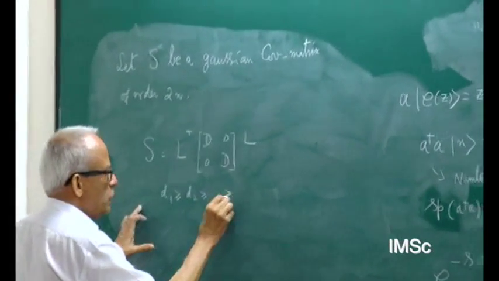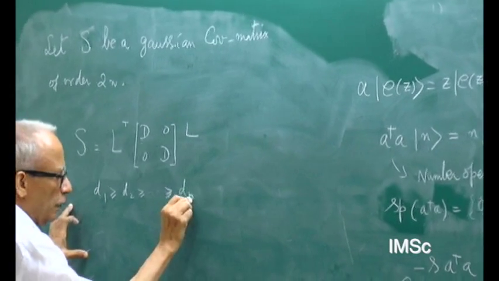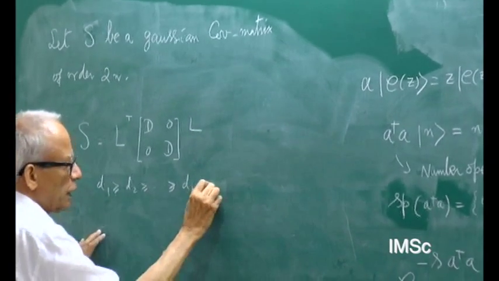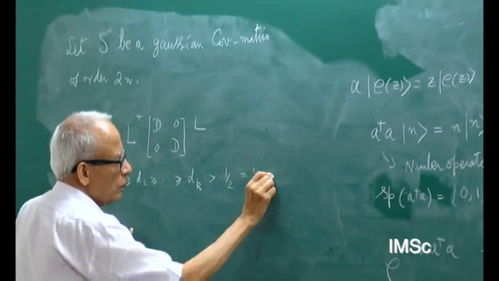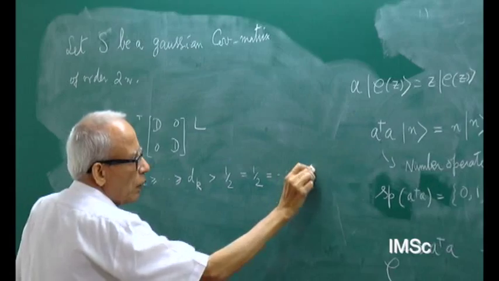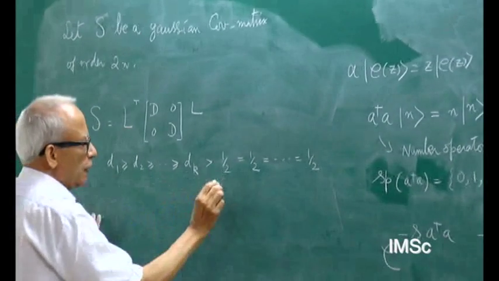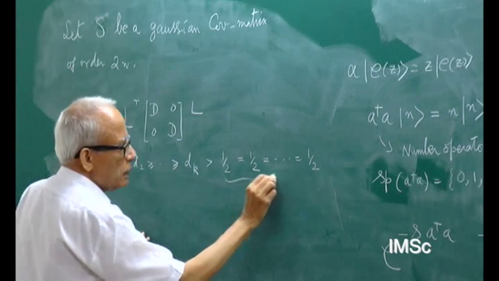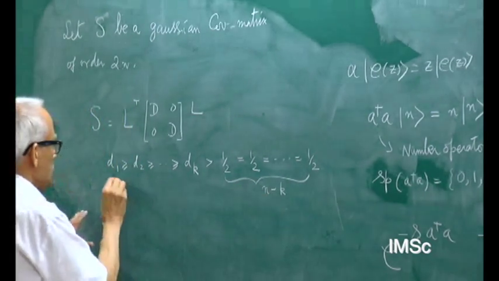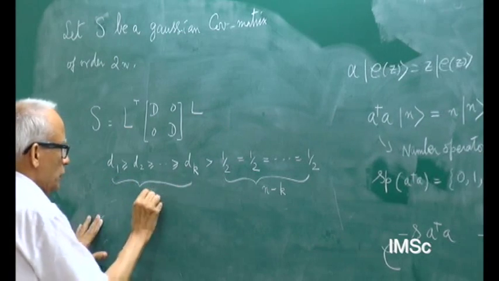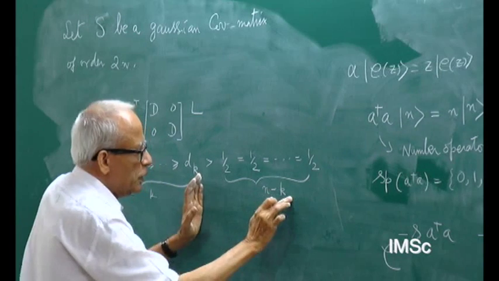So let D1 greater than or equal to ... Dk be greater than half. This is the diagonal expression. This is k times, and this is n minus k times: k eigenvalues greater than half, and half has multiplicity n minus k.